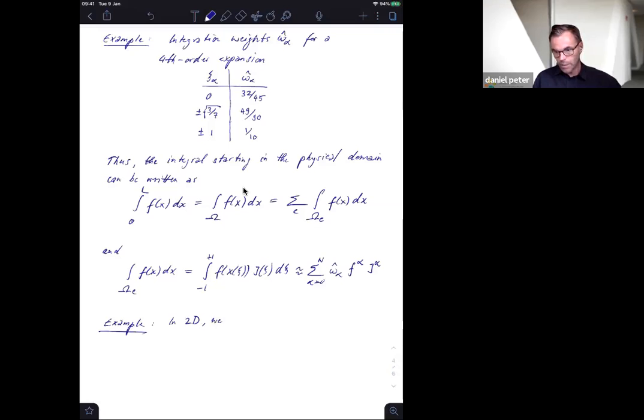In 2D we have that the position x depends now on coordinates xi and eta, where we have our shape functions N_A, which depend on xi and eta, times x_A. They use 2D basis functions now.